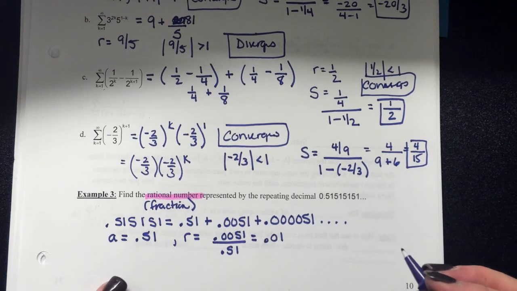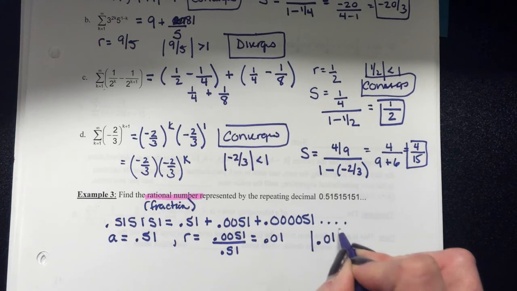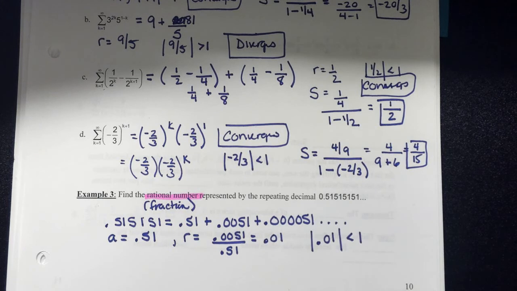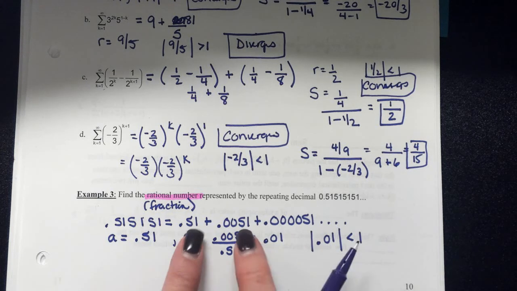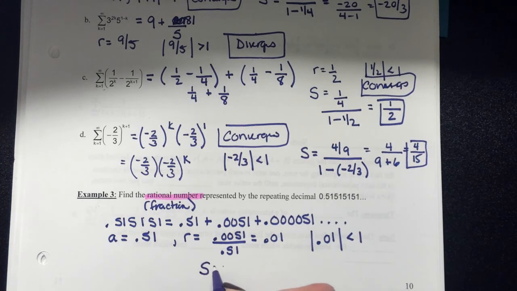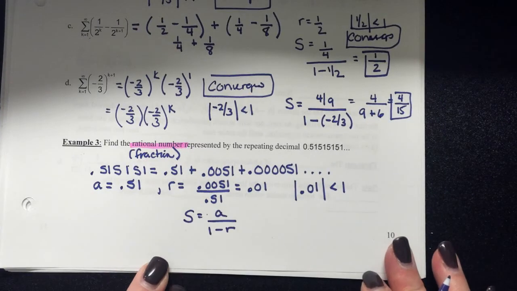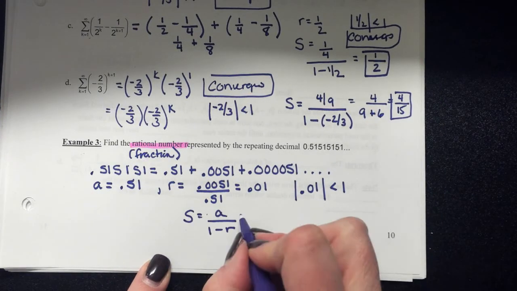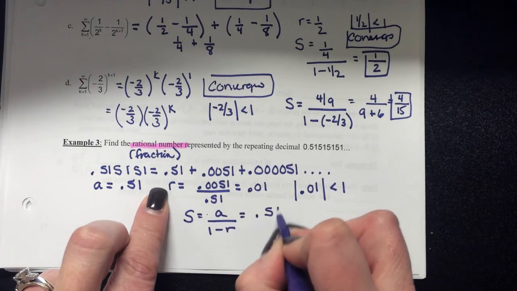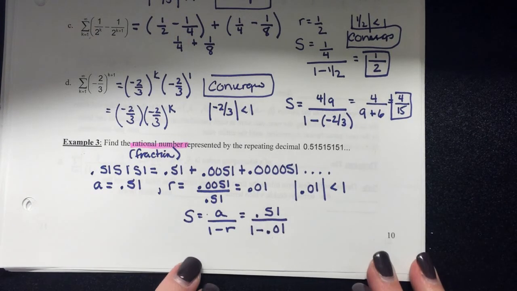So now, what do you know about geometric series? Well, I know if the absolute value of my common ratio is less than 1, it's going to converge, and I know that 0.01 is indeed less than 1. So when I add all these numbers together, it's going to be approaching the sum of my infinite series, which is a divided by 1 minus r. So my first term is 0.51 divided by 1 minus that common ratio of 0.01.